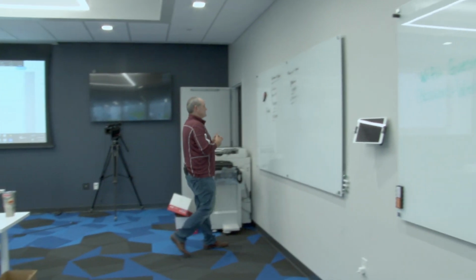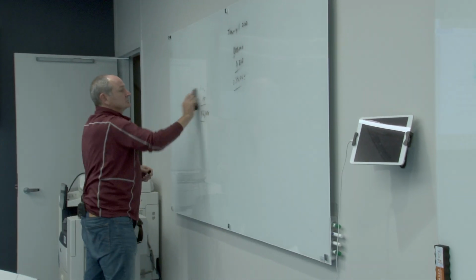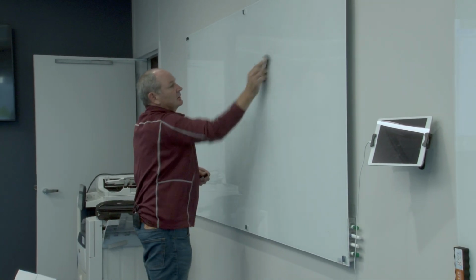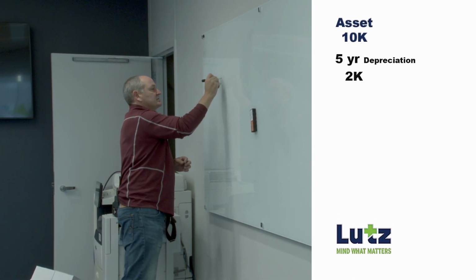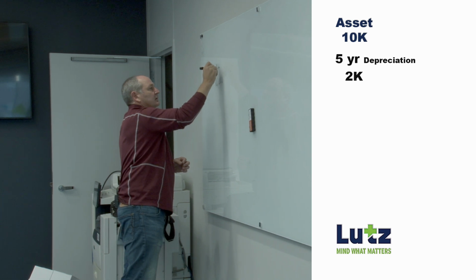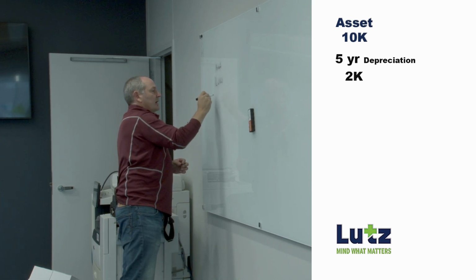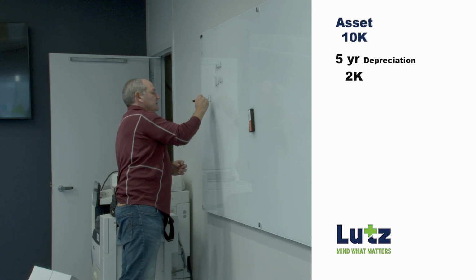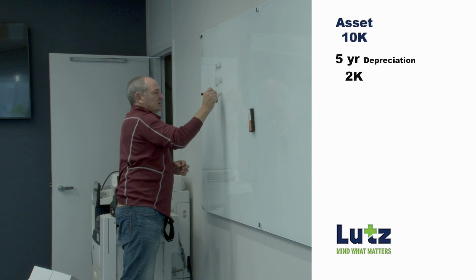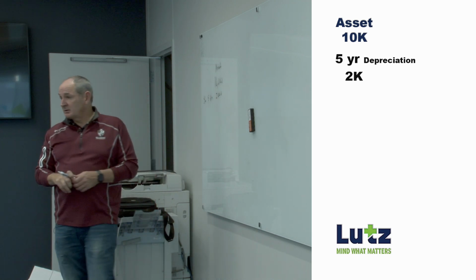So I think what Chris was saying, and correct me if I'm wrong, Chris, is that a company bought an asset for $10,000, correct? And in a straight line over 5 years, that's $2,000 a year of depreciation. Is that correct so far? Am I tracking with what you're saying, just putting numbers to it?